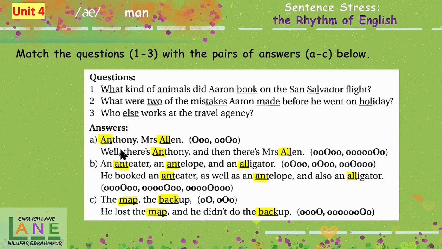Like in part A, you say sentence 1 and you look at the time. How many seconds does it take to say this sentence? Anthony, look at the comma, you need to pause in here. Anthony, Mrs. Allen. Okay, you have the time, you see how many seconds it took you to say the sentence, you write it.